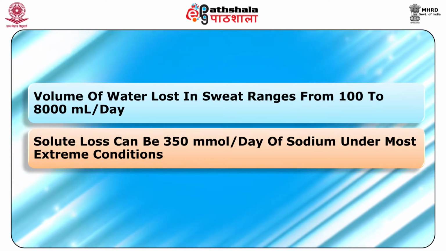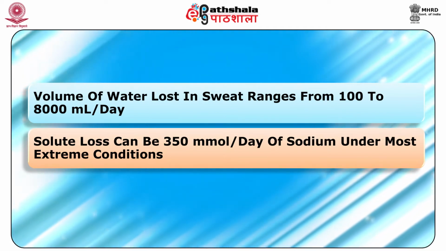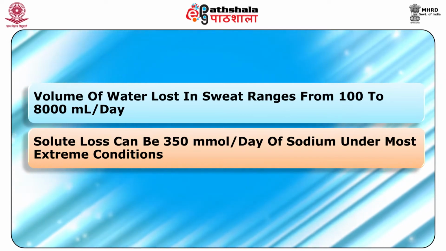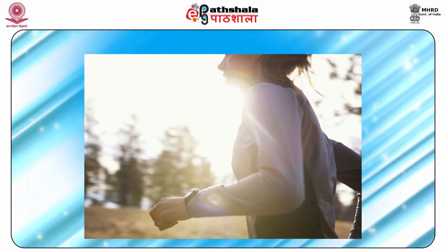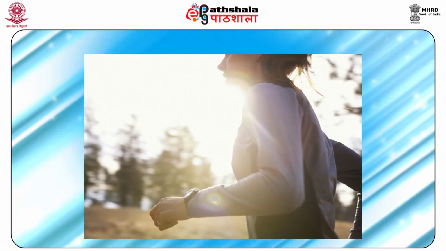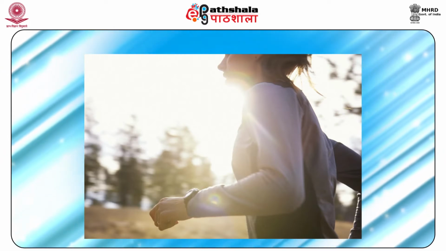The solute loss can be as much as 350 millimoles per day of sodium under the most extreme conditions. During average intensity exercise, sweat losses can average up to 2 liters of water per hour.